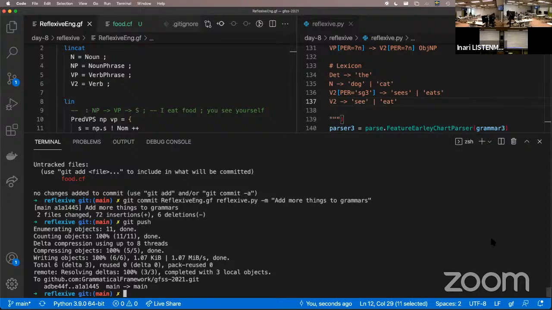When you say NLTK, I don't know if the NLTK toolkit actually provides these grammars.